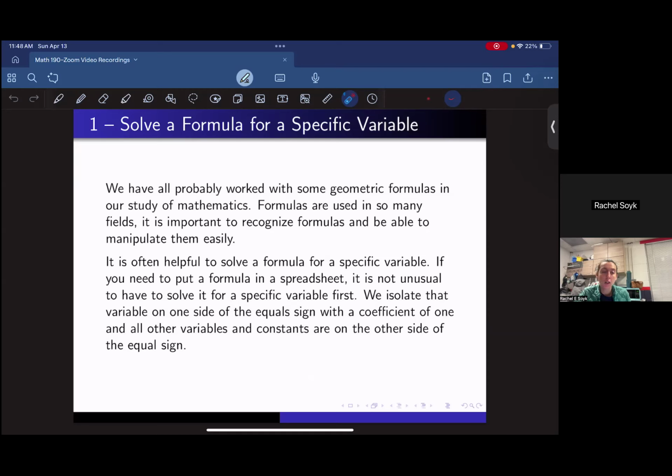so that we can arrive at a solution quite easily. And so when we get to this second objective, being able to solve a formula for a specific variable, all we're doing is once we have this formula represented, we just take the numerical value and substitute it in for the variable that we choose it to be.